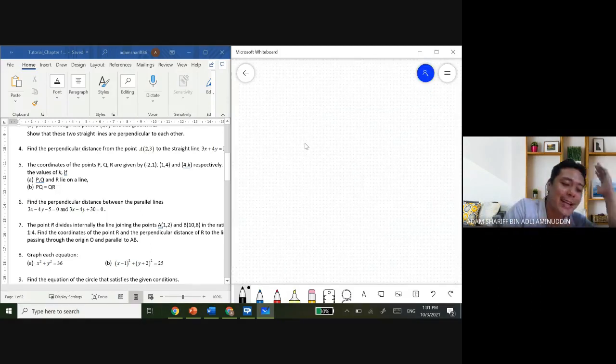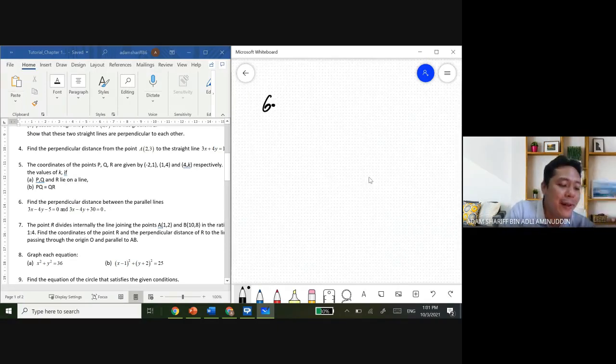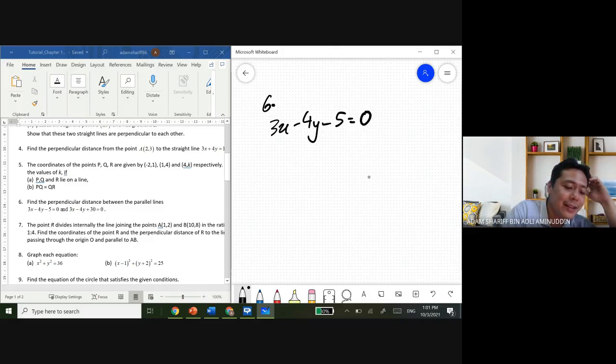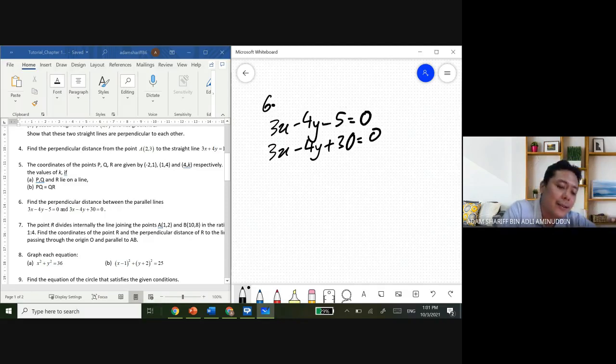Okay, bayangkan sekarang ni kita lakarkan number 6. We have two parallel lines: 3x minus 4y minus 5 equals to 0, and 3x minus 4y plus 30 equals to 0. And dia cakap these lines are parallel. If we look at the variables, kita boleh tahu dia parallel.